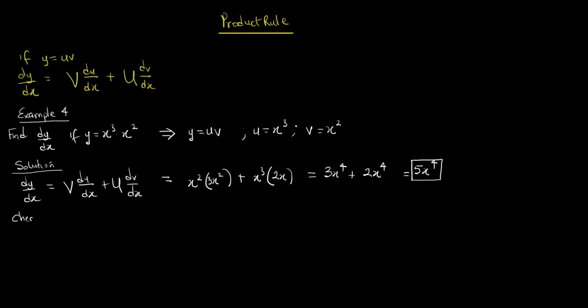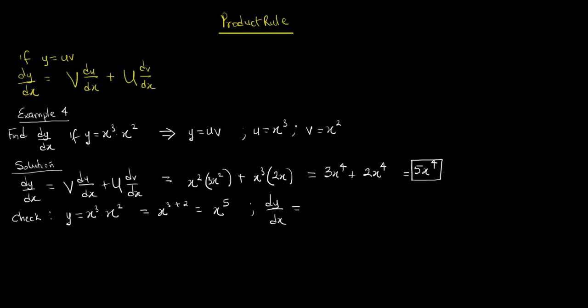Let's do a quick check to see whether this formula is actually very, very correct. We know that the original function was y is equal to x cubed times x squared. If we do that correctly, remember the laws of indices, so it's going to be x raised to power 3 plus 2, which is x raised to power 5. If we know this, can we look for dy dx of x to the power 5?